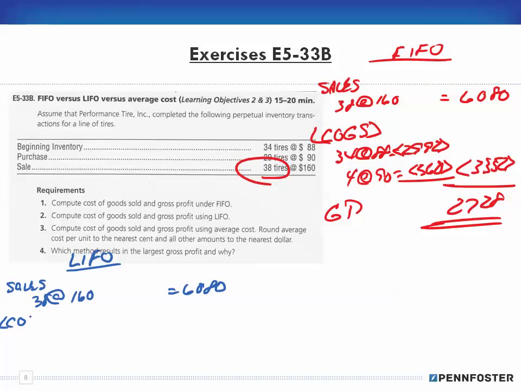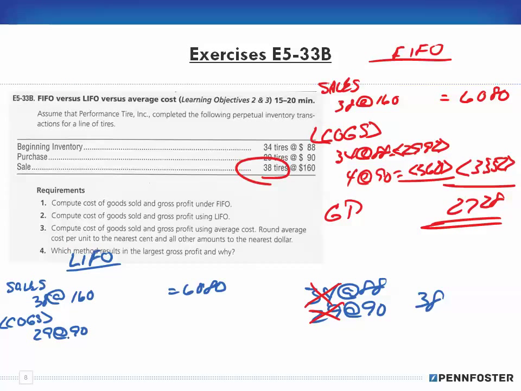Now for my cost of goods sold, remember I had 34 in at 88, and I purchased 29 more at 90. Then I'm selling 38. But now using LIFO, instead of taking out the first ones, I have to take out the last ones first. So I'm going to take out 29 at 90, and I need 9 more out of this 34.